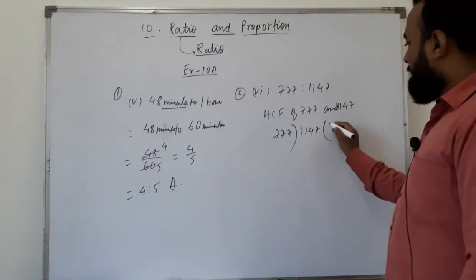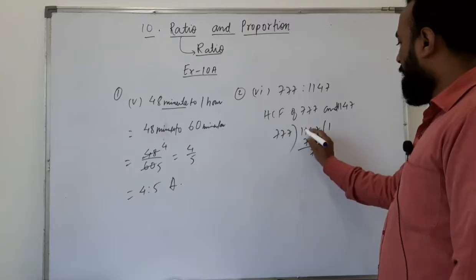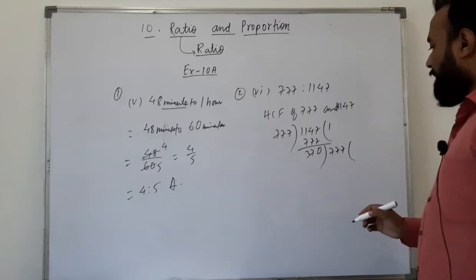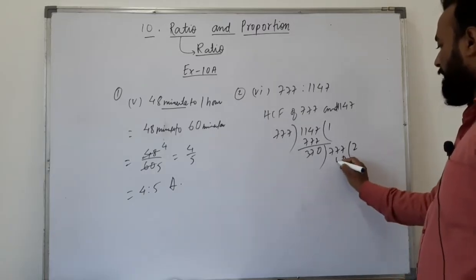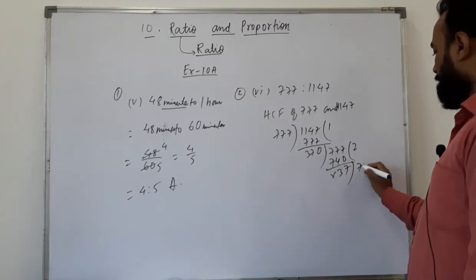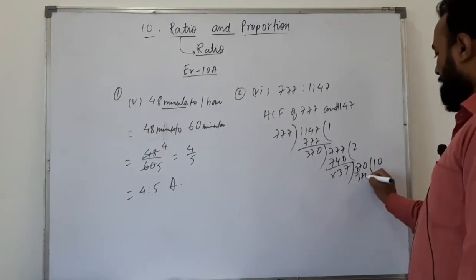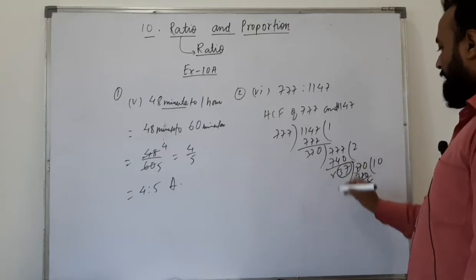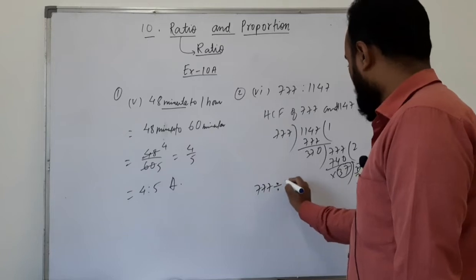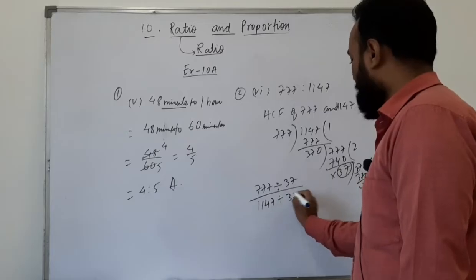Dividing step by step, we get the HCF here as 37. So let's divide 777 by 37 and again 1147 divided by 37.